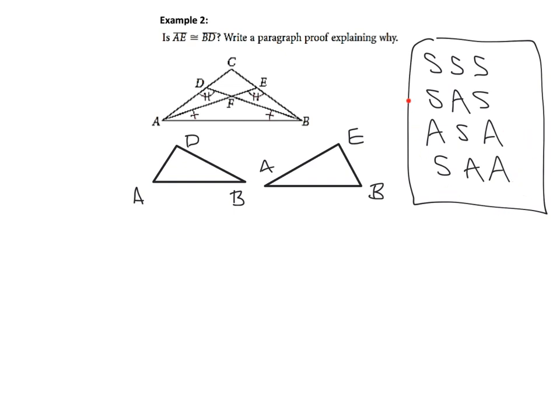So I wrote that there so we have it to reference. And if we can prove these two triangles are congruent to each other, then these two side lengths that match up would also be congruent, and that would be using CPCTC. So let's just start by marking up the picture. Use some colors here to help us out. Alright, looking at it, I see that angle D is congruent to angle E because of the 2 hash marks.